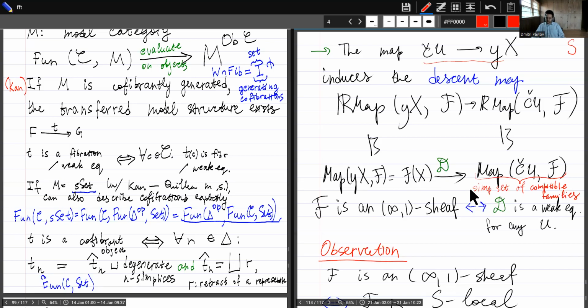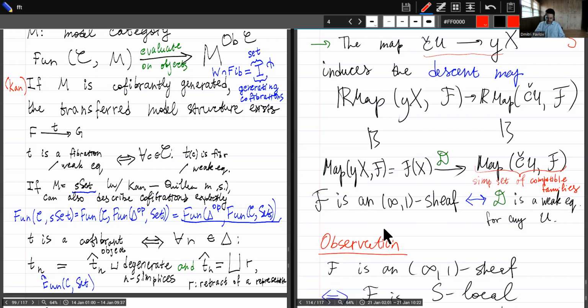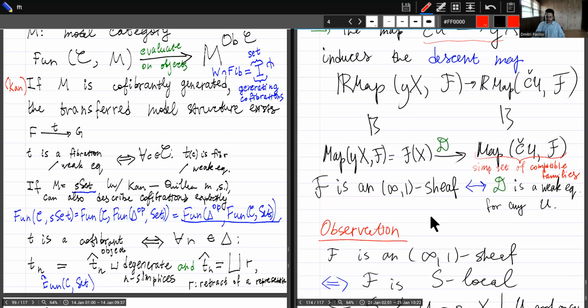This map is a weak equivalence, and that is saying that F is an infinity-1 sheaf. So you can see the definition in fact pretty much resembles the usual definition, except that we were slightly more sophisticated when we defined what a compatible family is. But otherwise, it's basically a precise replica of the usual definition.